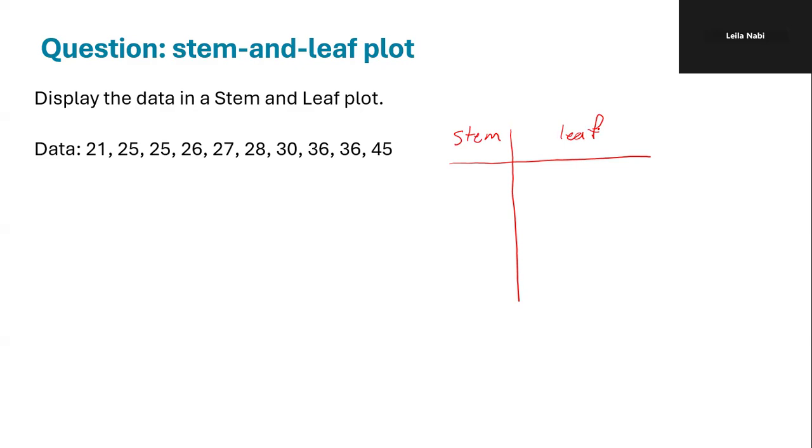So if your numbers are all two-digit numbers and the last digit is for the leaf, only one digit is left for the stem. Remember, we put all the numbers in order from least to greatest. Stems must be in order from least to greatest, and leaves must also be in order from left to right. We're not going to repeat any number for a stem, but we do repeat any repeating number for a leaf.